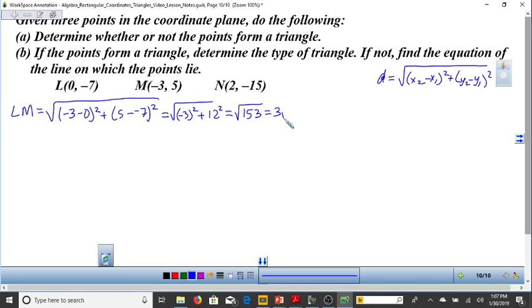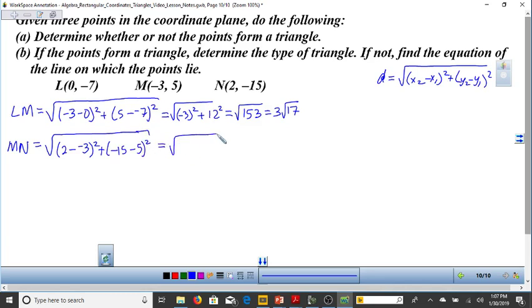Then let's do M to N now. MN is the square root of 2 minus -3 squared plus -15 minus 5 squared. And then we'll work that out. 2 minus -3 is just 5, and -15 minus 5 is just -20.